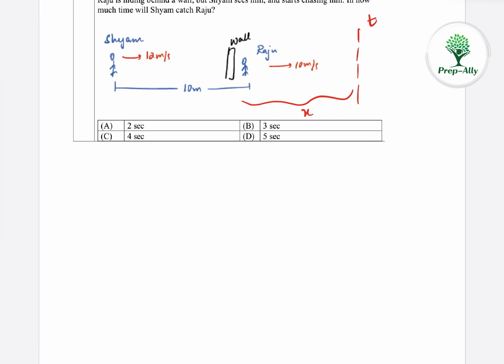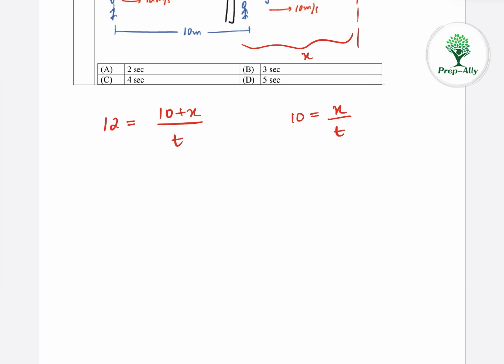Now see, we know that for Sham, speed is equal to distance 10 plus x by time t. Whereas for Raju, his speed is 10 meter per second, he'll cover distance x in time t. So we get t here as 10 plus x by 12, and here the same t is x by 10.